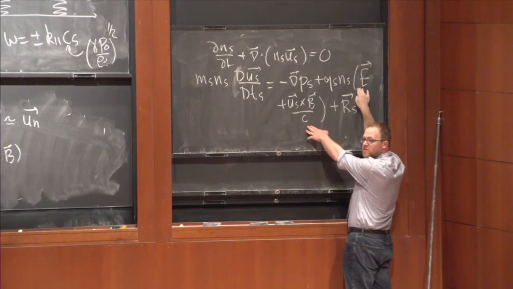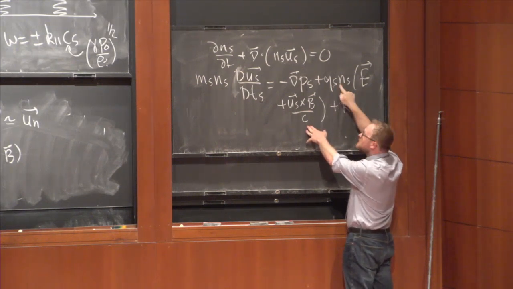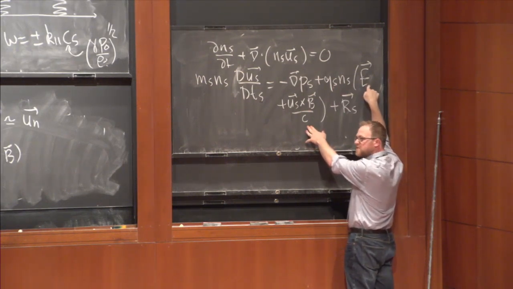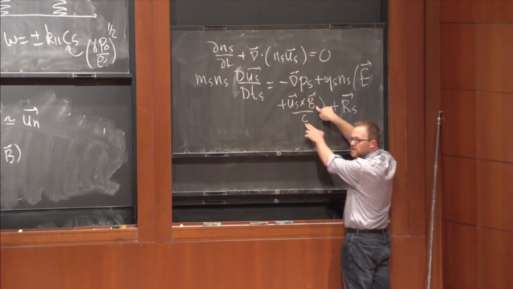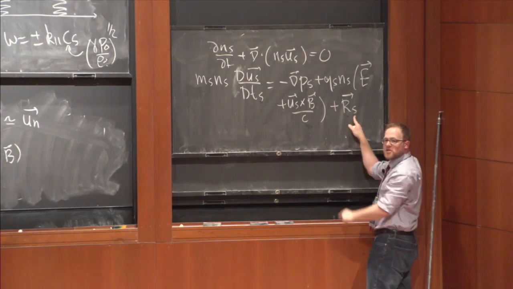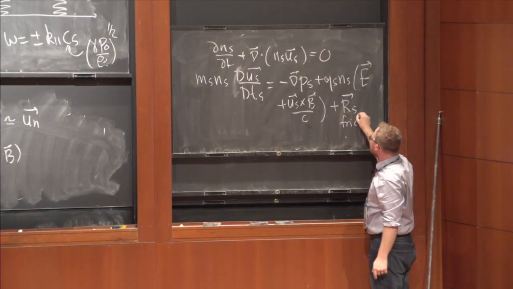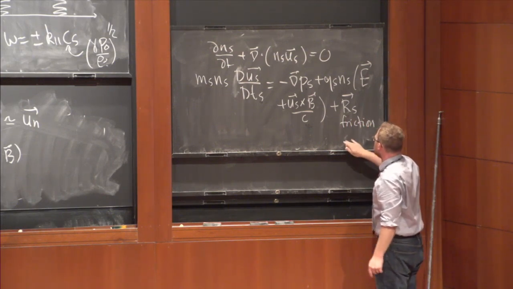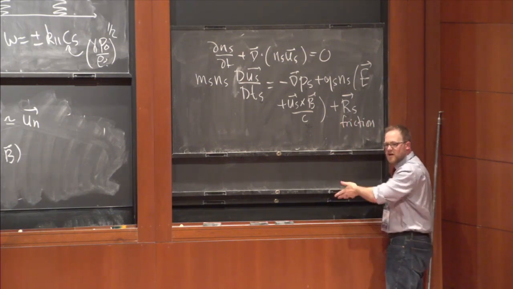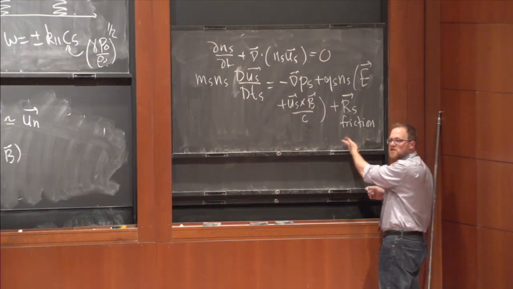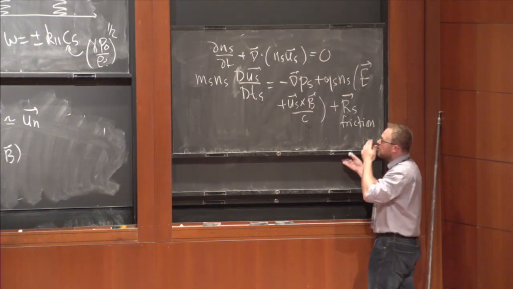It experiences a Lorentz force, so the charged species feel an electric field and interact with a magnetic field, and this is just friction. Technically this is the first moment of a collision operator, which I'll talk about later, but this is just friction between the different species.